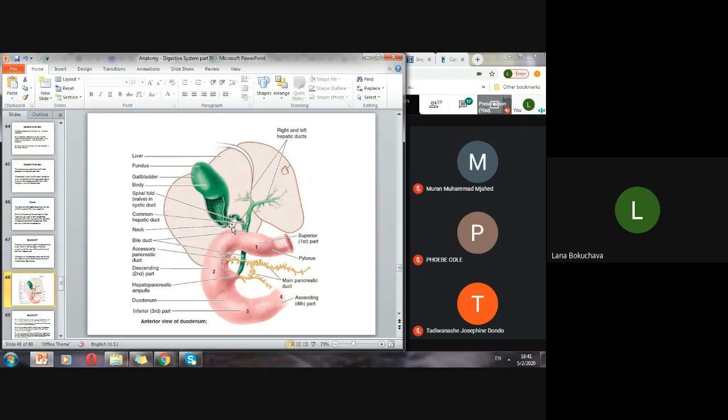When we talk about the liver itself, you know that very well already from histology: the hepatocytes are surrounding small tube-like structures, which we call bile canaliculi. These bile canaliculi are collecting the bile and draining it towards larger ducts, as you can see here, which we call bile ducts.